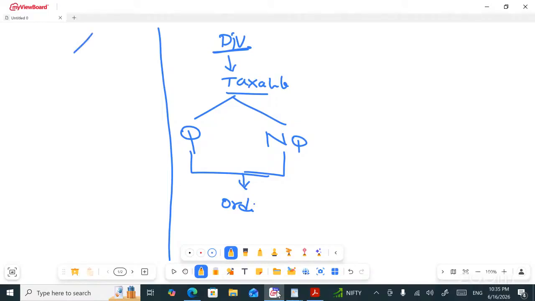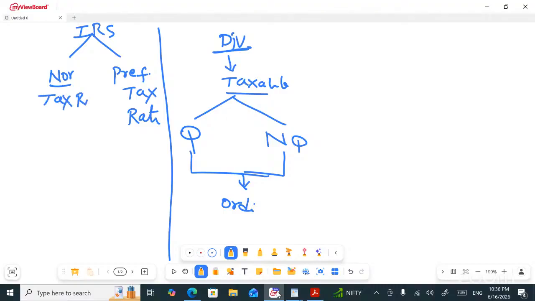According to the IRS, tax rates are basically divided into two types: normal tax rates and preferential tax rates.